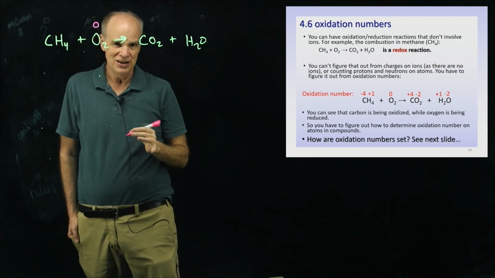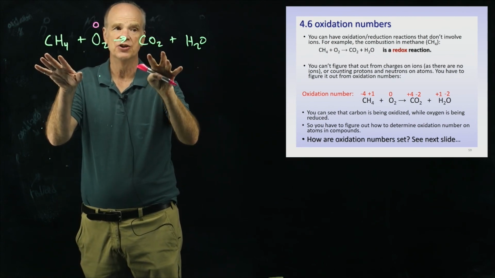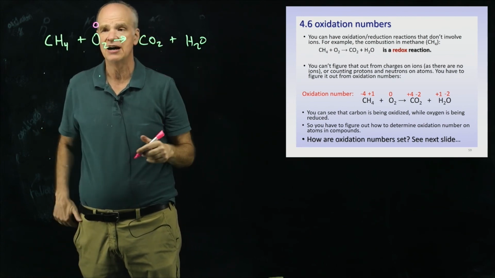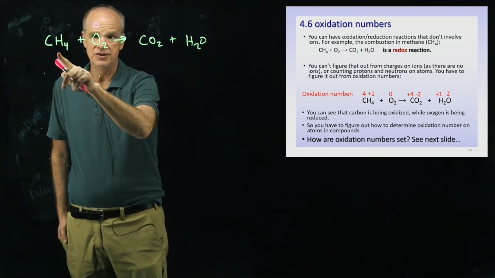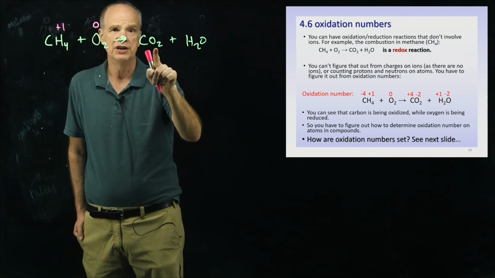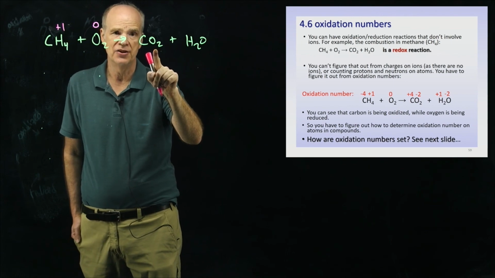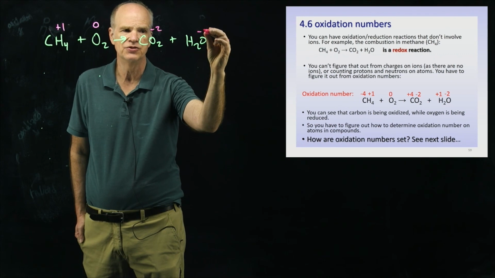But one of the things you're going to have to learn is how to assign oxidation numbers for these elements in a compound. One of the things you're going to learn in a bit is that when hydrogen is bound to other atoms in a compound, it has an oxidation number of +1. When oxygen is bound to other atoms in a compound, it has an oxidation number of -2.